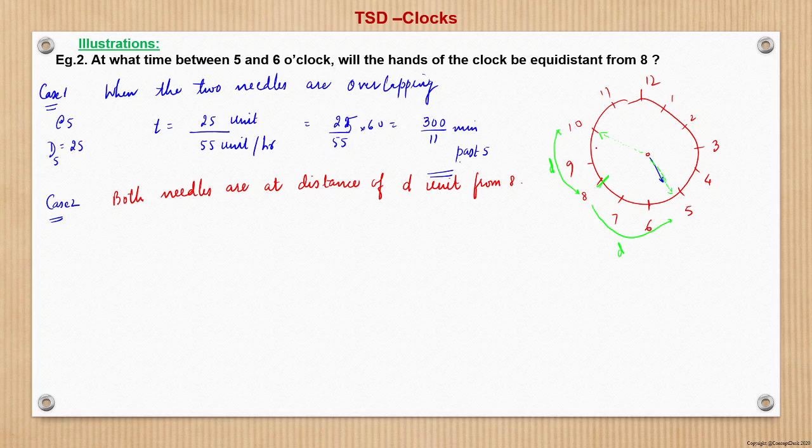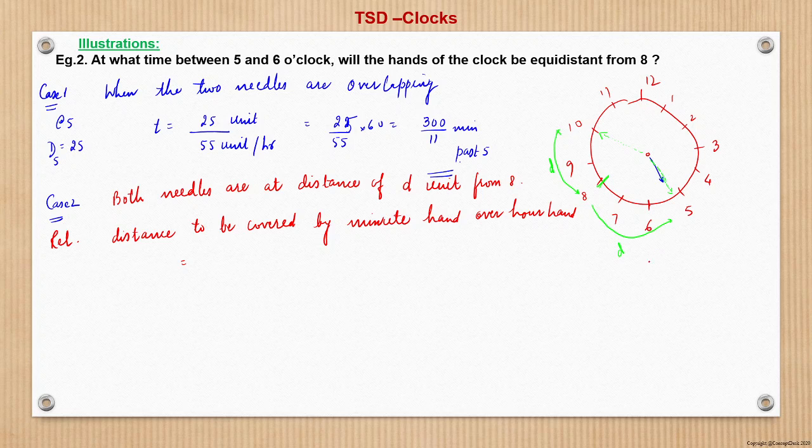In this case, the minute hand will cover how much distance with respect to the hour hand? So the relative distance to be covered by the minute hand over the hour hand is what? Initial distance was 25 units.